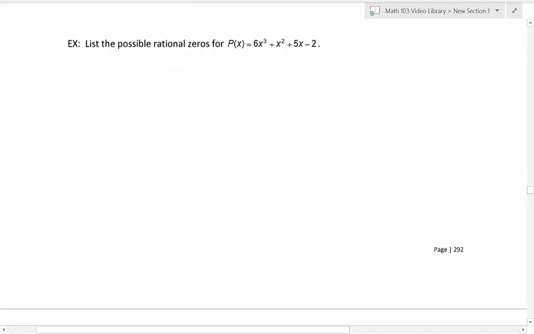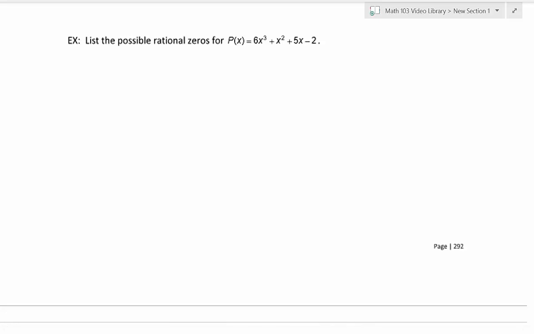So let's list the possible rational zeros for p of x equals 6x^3 + x^2 + 5x - 2. Our possible rational zeros are going to be the ratio of the factors of the constant divided by the factors of the leading coefficient.